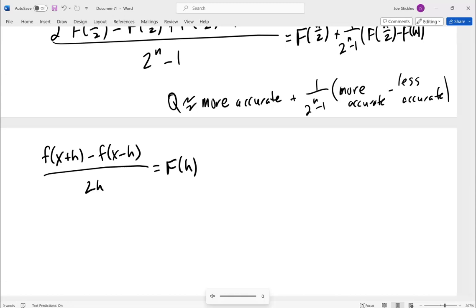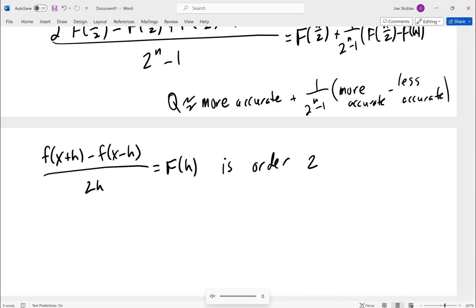What order approximation did that have? It was 2, right? That is h squared, right? But also remember that the reason why it was order 2 is because we had some constant times h squared. What was the next term in the approximation? It wasn't h cubed, it was h to the 4th, right?